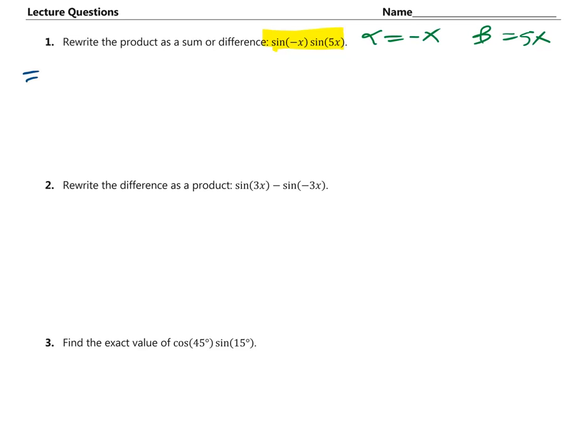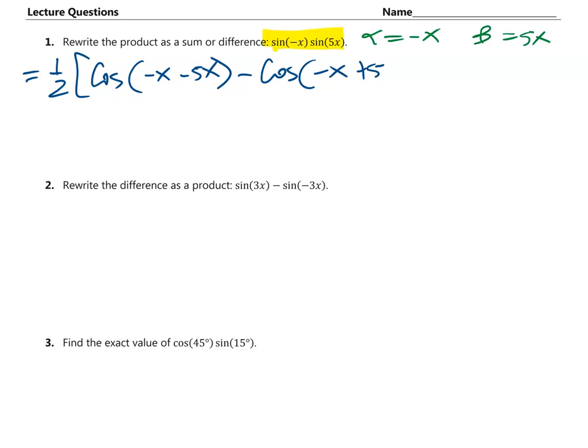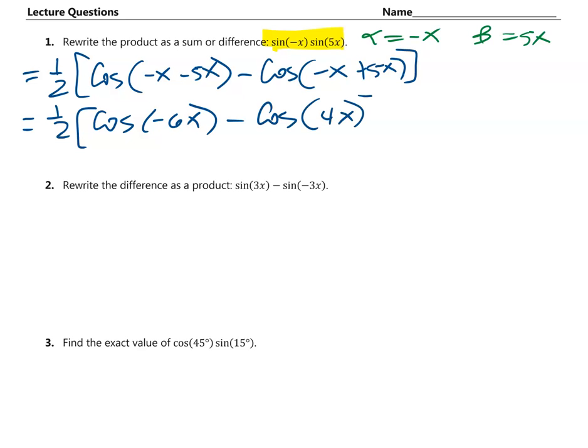And with this problem, it's going to be 1/2 of cosine of alpha minus beta minus cosine of alpha plus beta. And then we simplify. So 1/2, negative x minus 5x is negative 6x, negative x plus 5x is 4x.